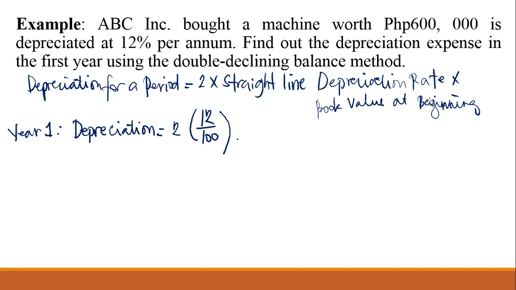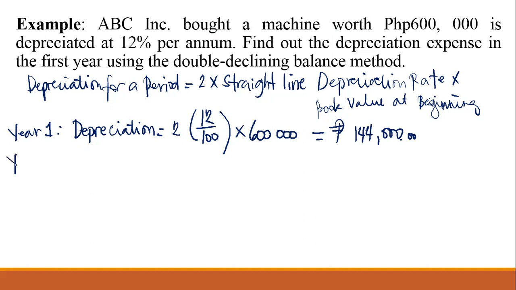So, ano ba yung book value? 600,000. Tama? Ayan. So, yung machine na worth 600,000 pesos. So, in year 1, the depreciation is equal to 144,000 pesos. Okay?